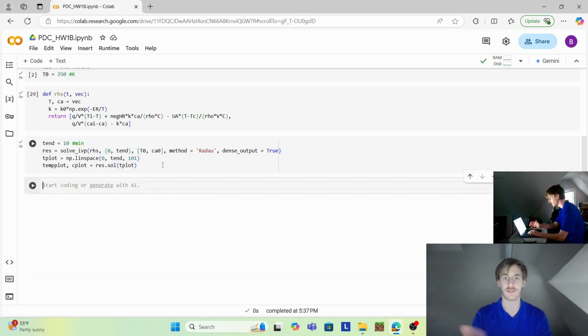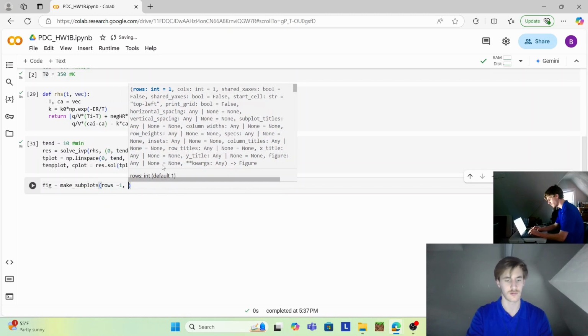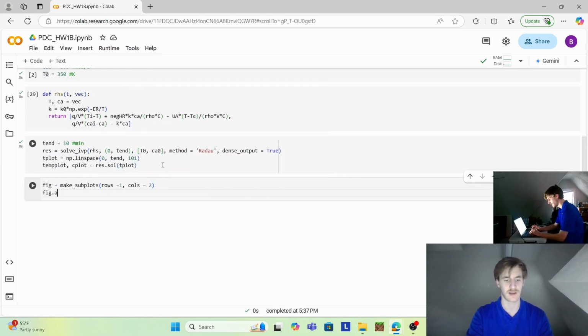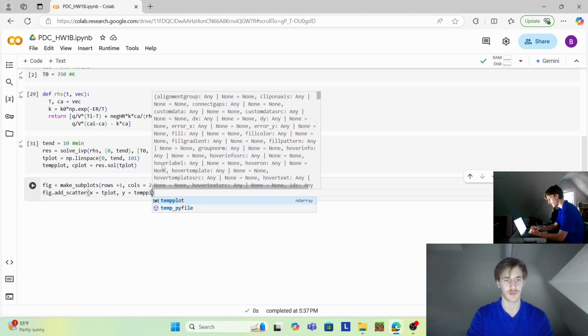And then we will go ahead and graph this. So figure equals make subplots. And I want 1 row, 2 columns. Fig dot add scatter. X equals tplot, y equals temp plot.